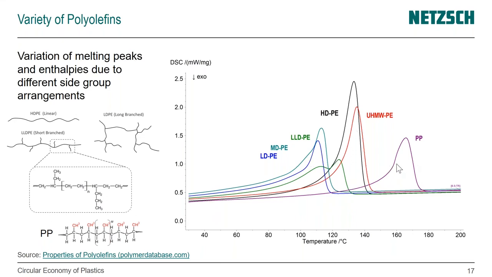For PP and HDPE, there might be a significant enough difference, but it really depends on the degree of degradation that has happened. That's something to look into for sure.